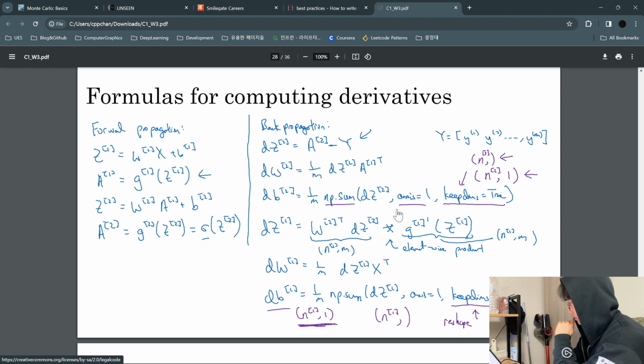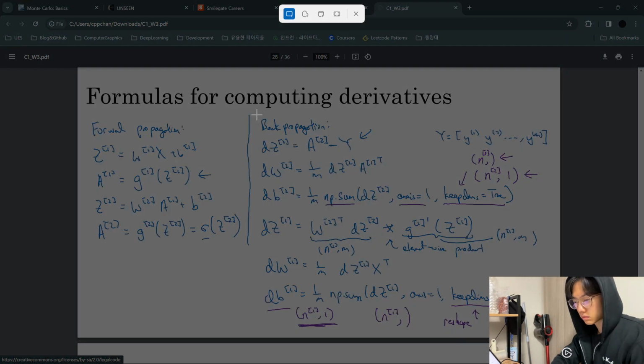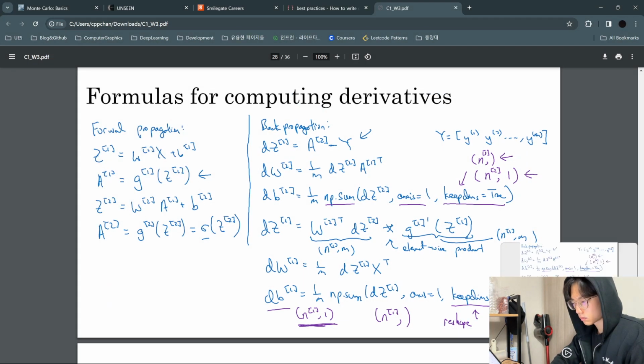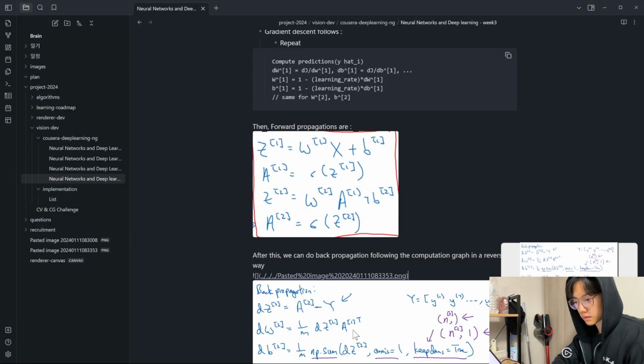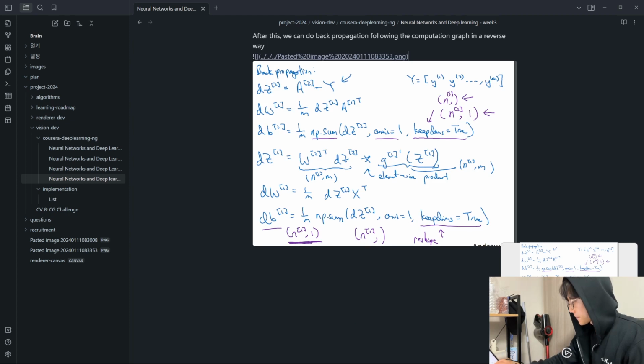Here, db1 will be an n1 by 1 vector, and so you want np.sum to output something of this dimension rather than a funny rank 1 array of that dimension, which could end up messing up some of your later calculations. The other way would be to not use keepdims, but to explicitly call reshape to reshape the output.